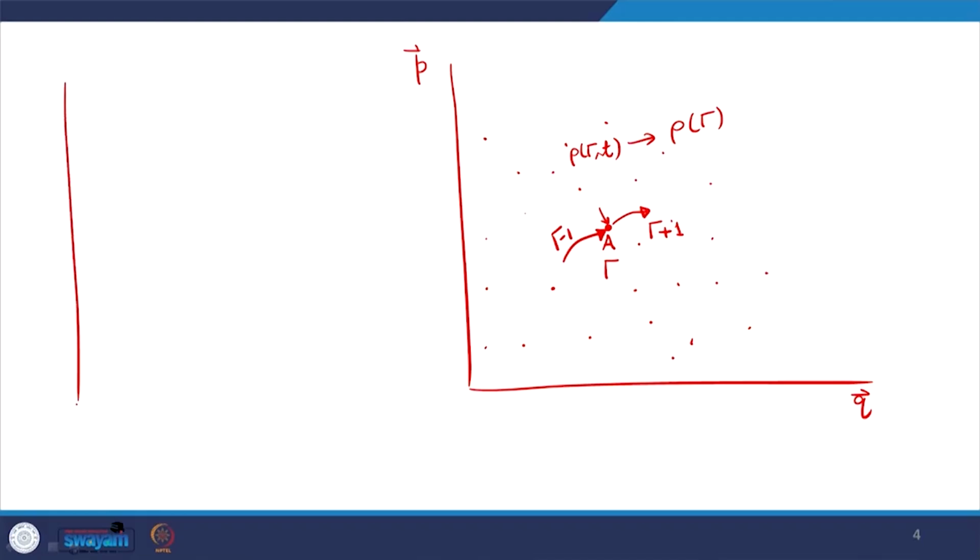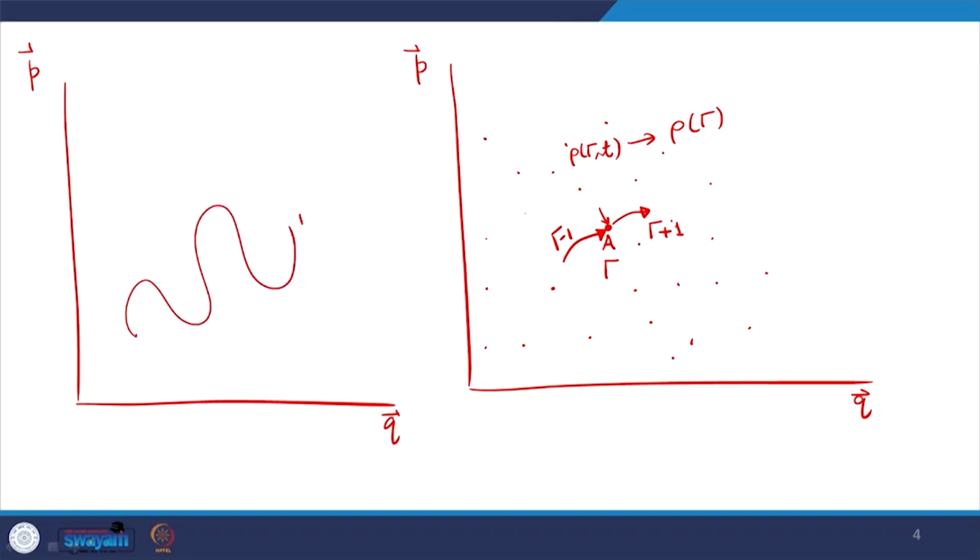Why is that? Because I have said that although the system in principle can be just anywhere in the phase space to begin with, I am starting from a particular phase point and I look at the trajectory over a finite time. So, clearly if I started from somewhere else, you may have some other trajectory, right.